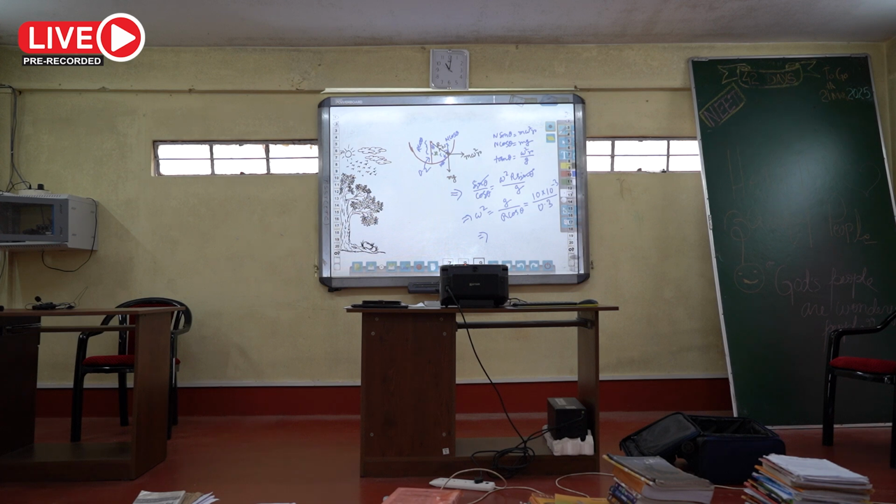If I multiply 10, numerator and denominator both, so omega square will be 10 to the power minus 1 by 3. Then omega equal to 10 to the power minus 1's root by root 3.